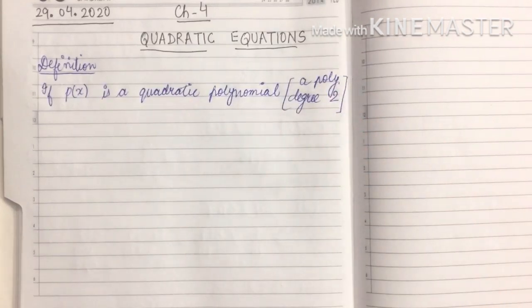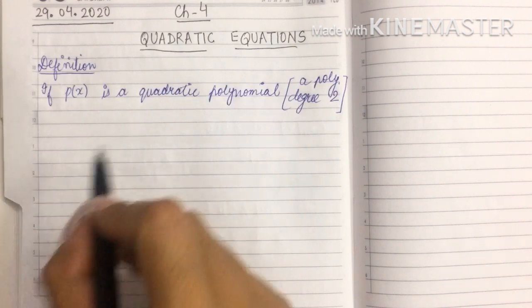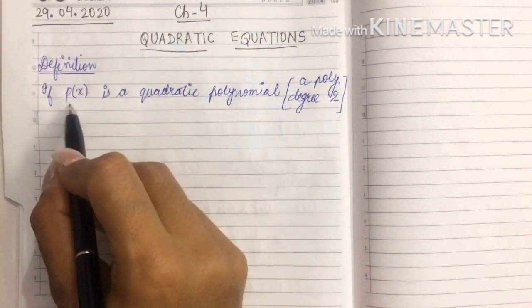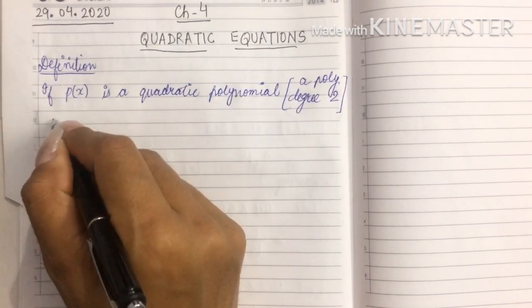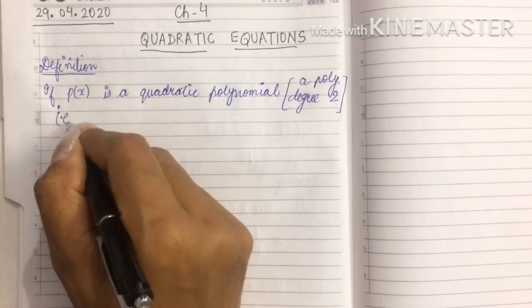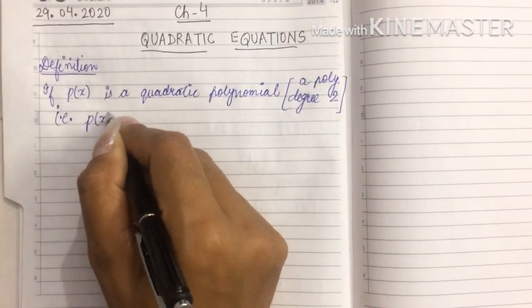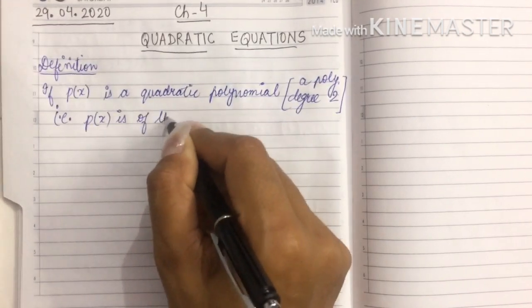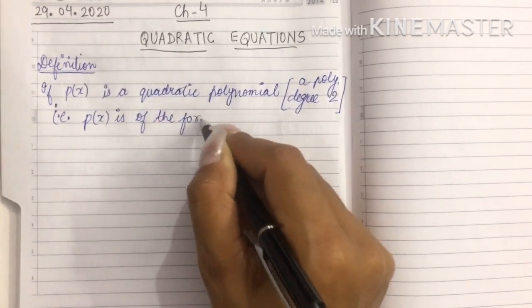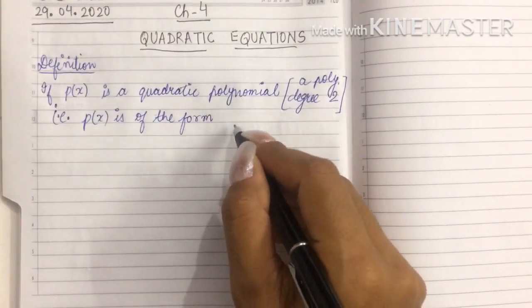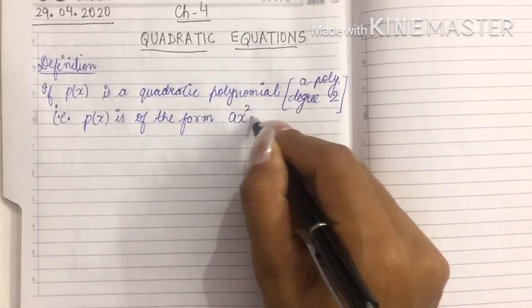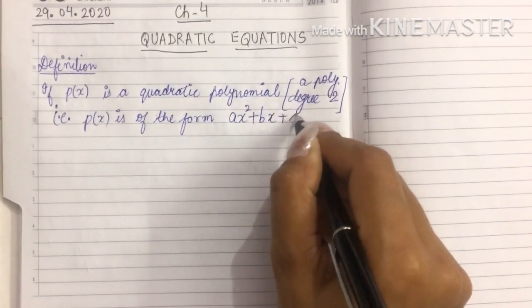So a polynomial in which the highest power of the variable is 2 is called a quadratic polynomial. So if we represent that quadratic polynomial by p(x), what does that mean? That means that p(x) is of the form, now I'm going to write down the standard form for a quadratic polynomial: ax² + bx + c.